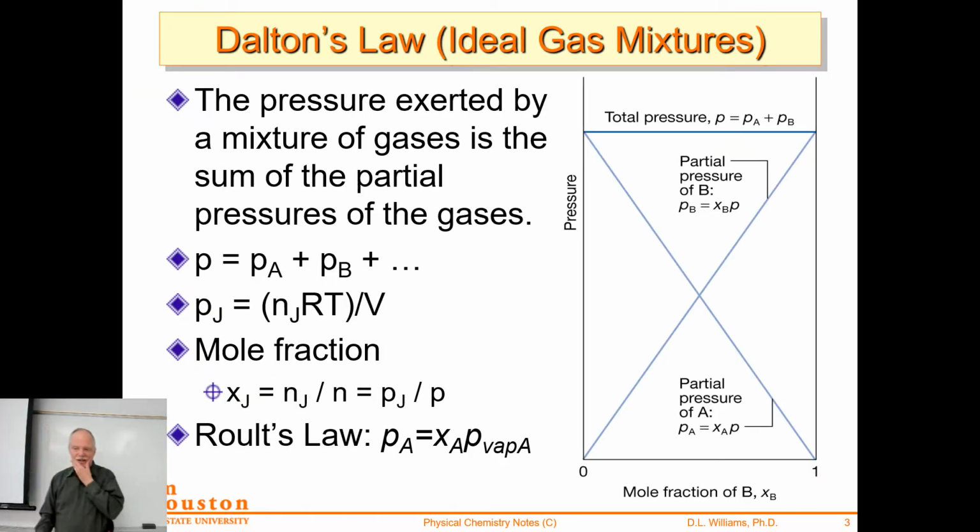Okay, so then we look at Dalton's Law. This is one of the things that is going to hold throughout our course. We will show later for sure that Raoult's law breaks down. Raoult's law is that the pressure of a substance is just the mole fraction of that substance times its pure vapor pressure.